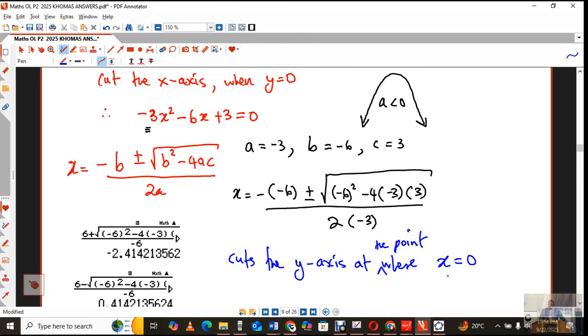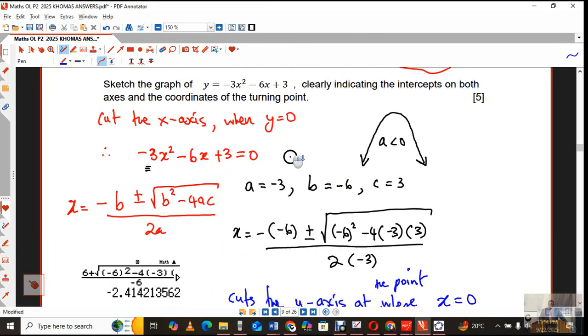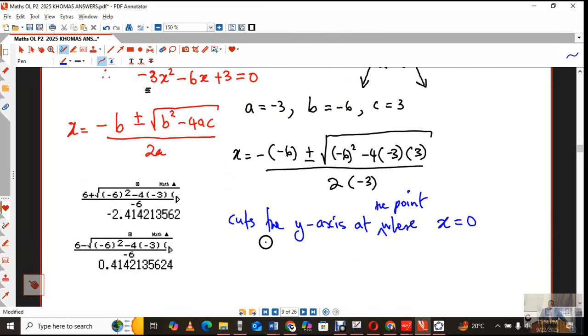If you put x equals 0 into the equation, you put 0 there, 0 there, it will cut at 3. So that plus 3 is the y-intercept. It will cut at y equals 3, that point there.